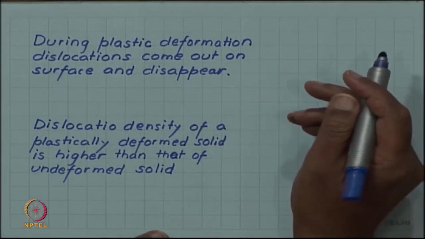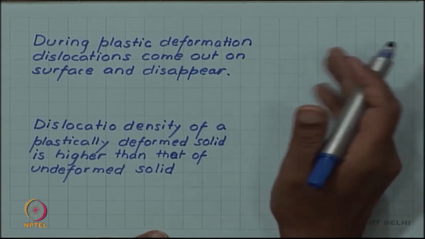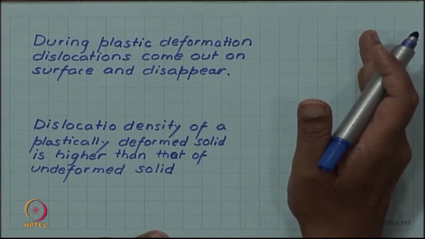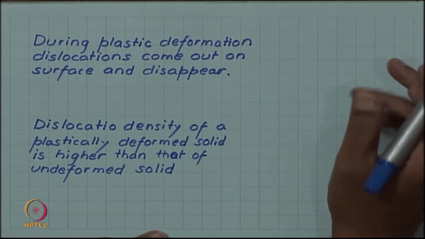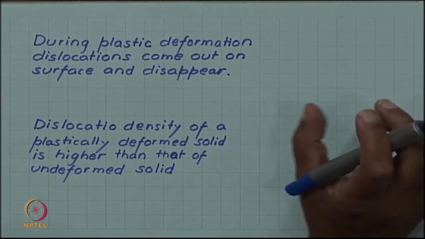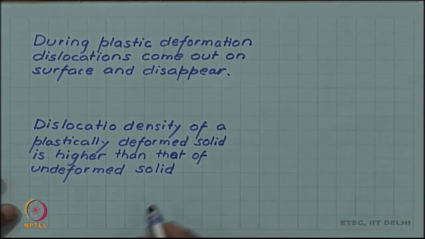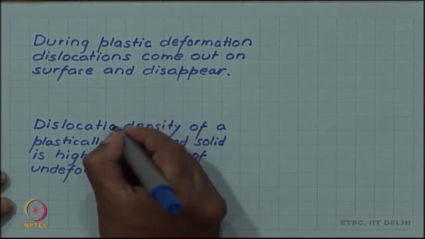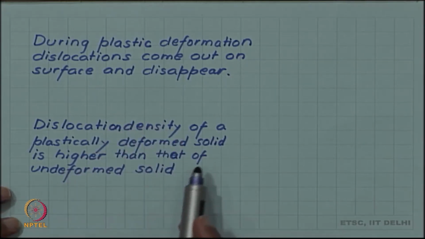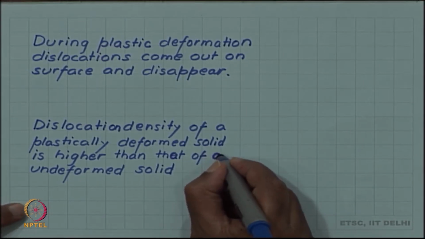We saw that when a single dislocation sweeps the entire slip plane and comes out of the crystal, it creates a step of Burgers vector b. Another fact which we saw is that the dislocation density of a plastically deformed solid is higher than that of an undeformed solid.